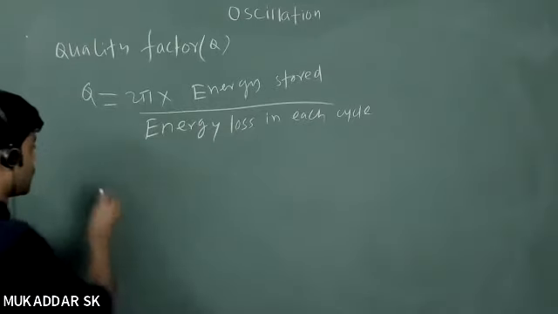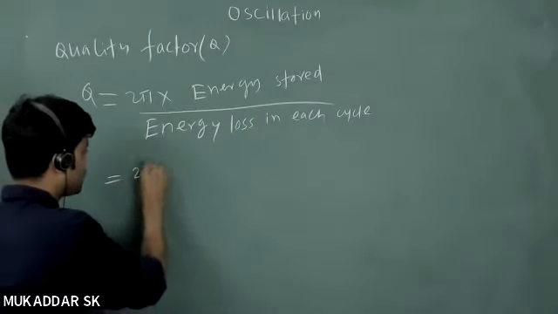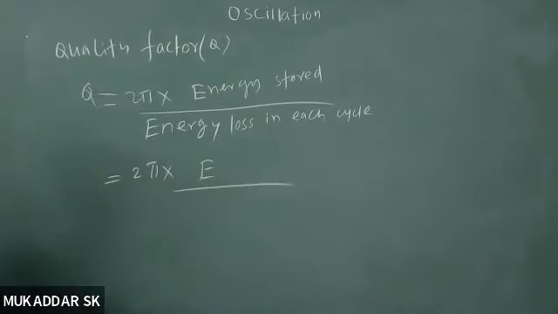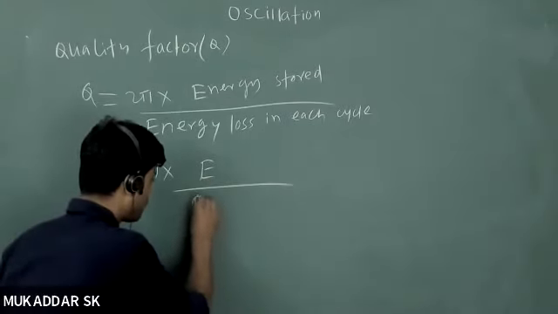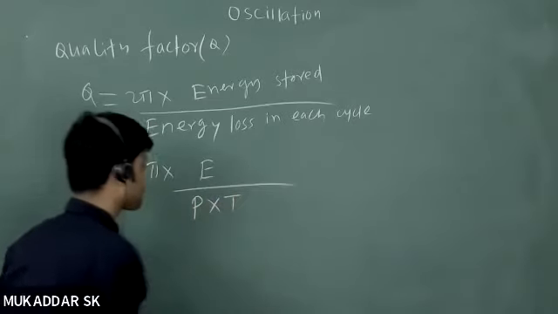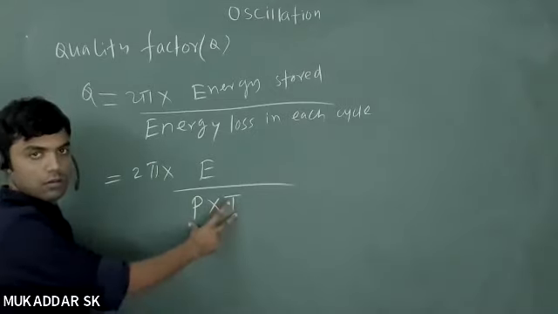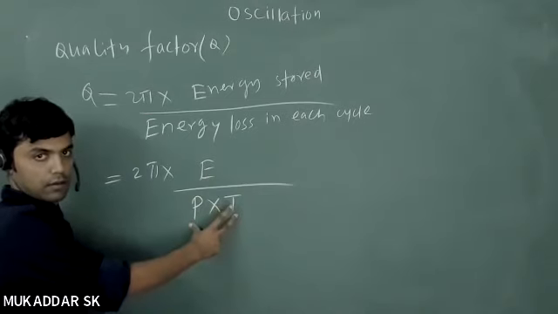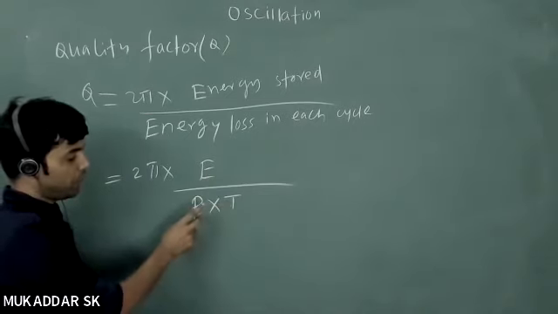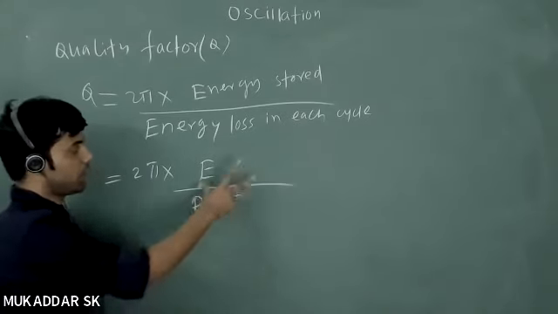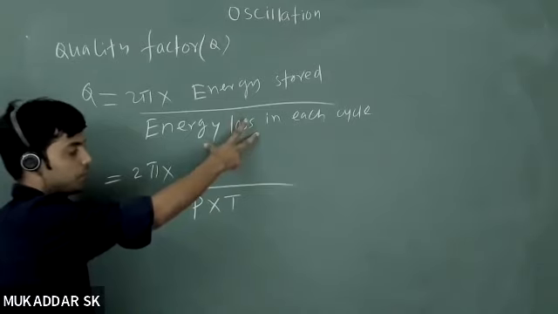So I can write 2 pi, energy stored is nothing but E, and energy loss in each cycle, how can we define that? That is nothing but power dissipation into time period, where P is the power dissipation and T is the time period. So this is basically energy loss in each cycle. If you multiply the power dissipation with the time period, that defines the energy loss in each cycle.